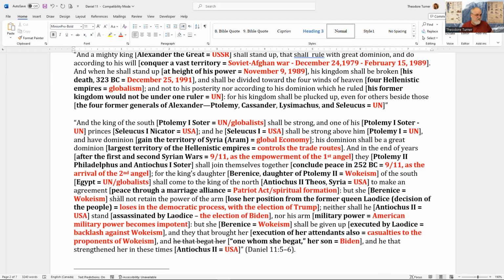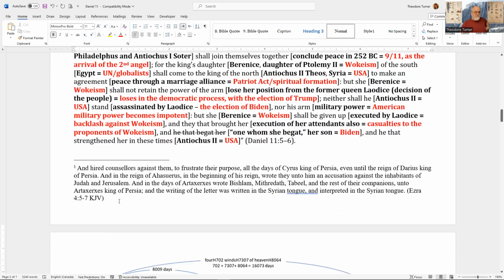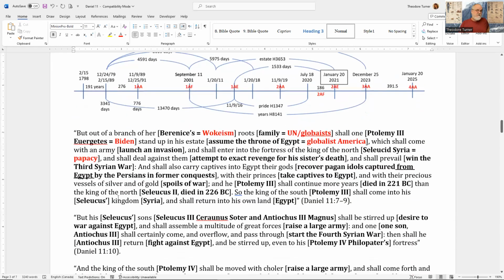First, it was armed forces, and now we're talking about politicians, politics. So this is with Biden. Obviously he's not coming with a military army, though in some ways there is military involved.